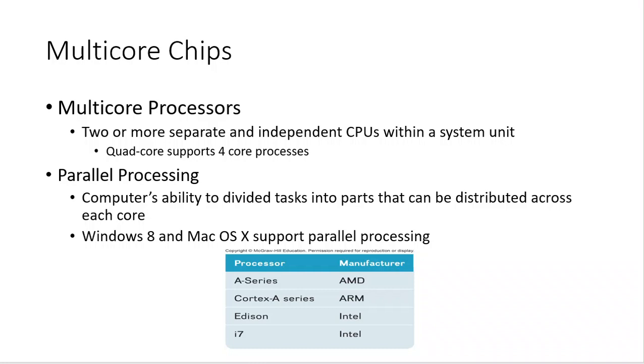Parallel processing is the computer's ability to divide tasks into parts that can be distributed across each core. In a computer it usually uses parallel processing. For example, if it has 4 cores, it will divide any processing task among these 4, as if they are working together. The burden of the task will be distributed equally among them.